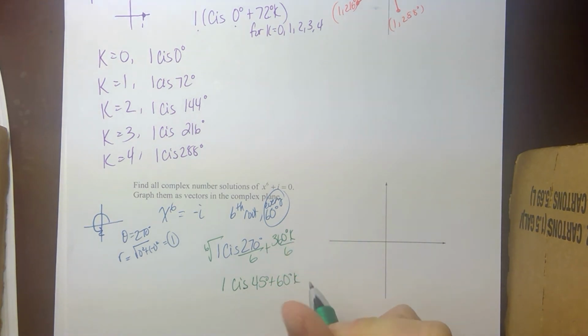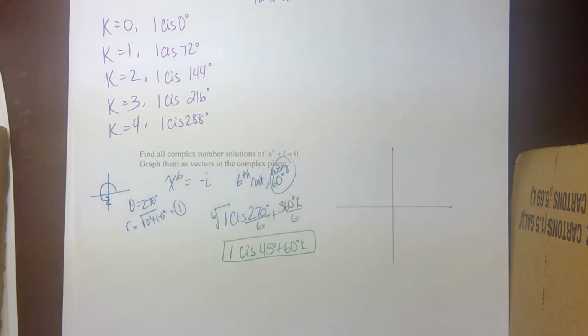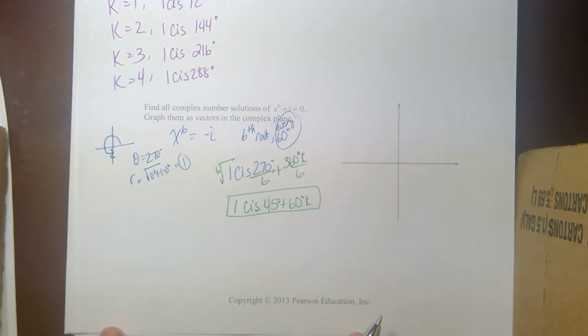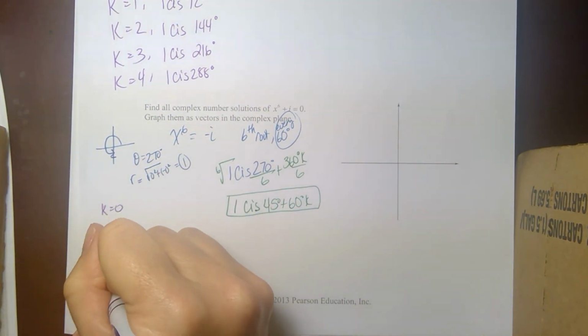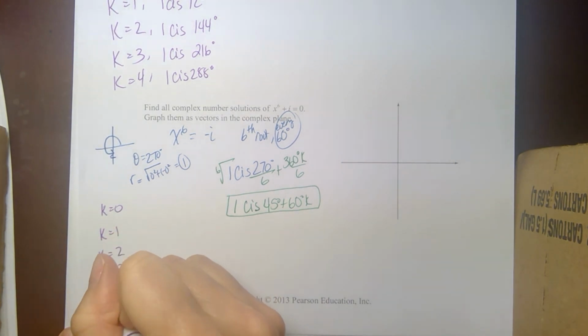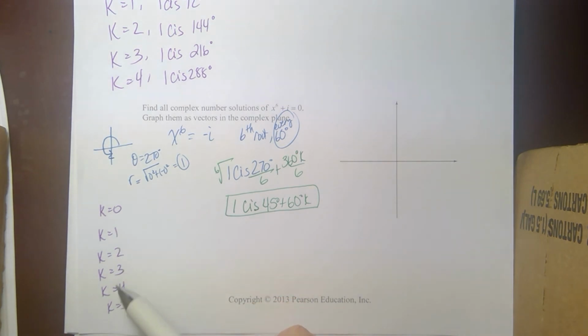Plus 60 degrees k. And I'm finding 6 values. So I'm going to be finding from k is 0 to k is 5. So we have k equals 0, 1, 2, 3, 4, and 5, because that gives me my 6 distinct roots.